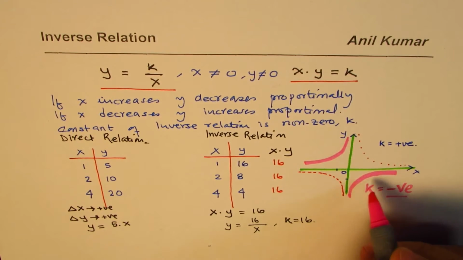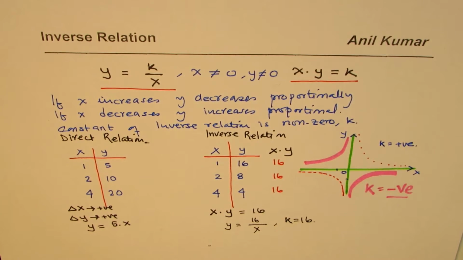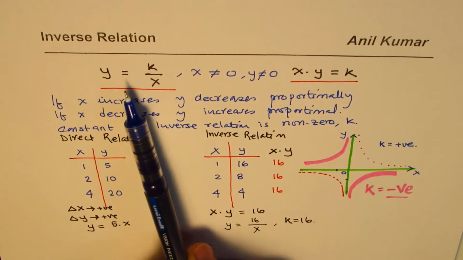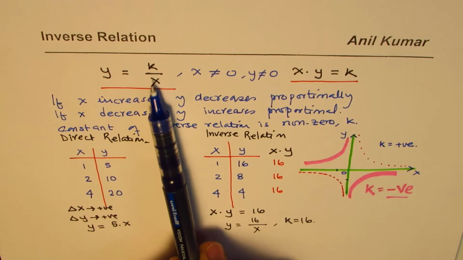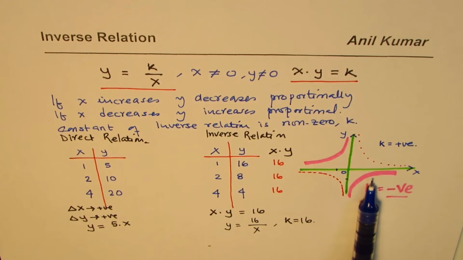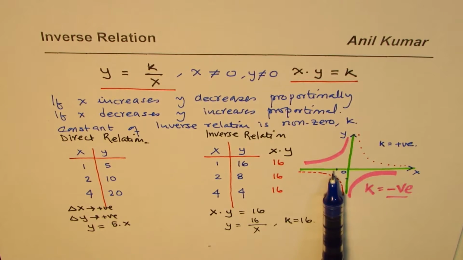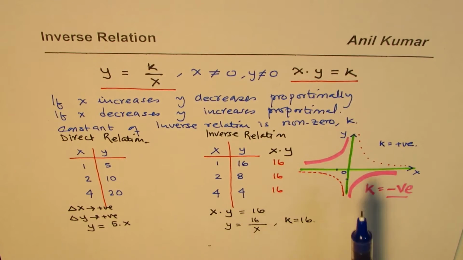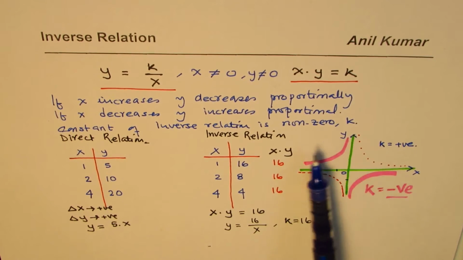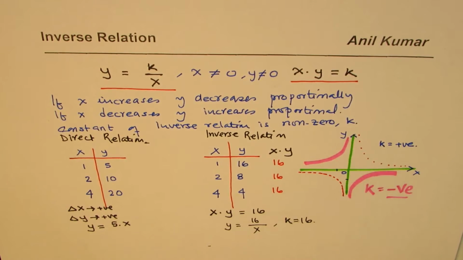Then we have graphs like this, since if I multiply x by a negative number, then I get y as negative. So for a positive x, we get a negative y, and for a negative x, we get a positive y. So the graph of an inverse relation could be one of these four, or a combination of these.